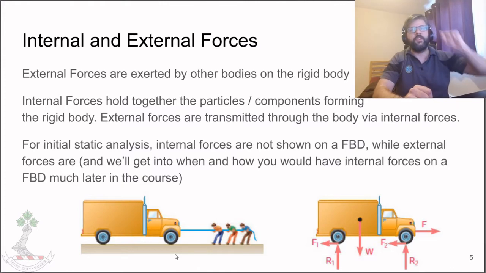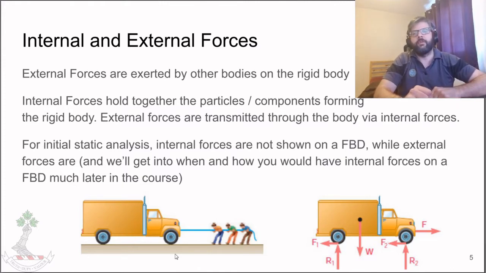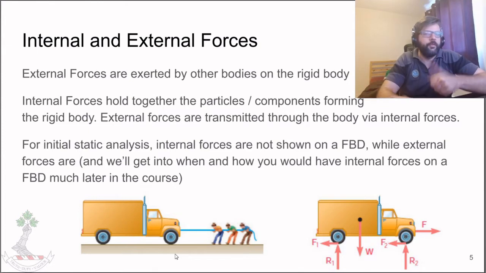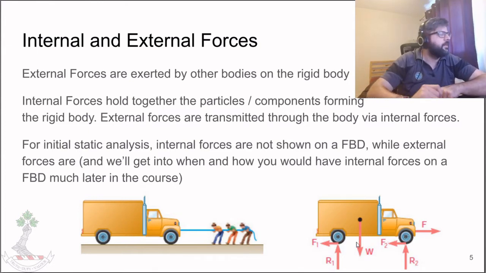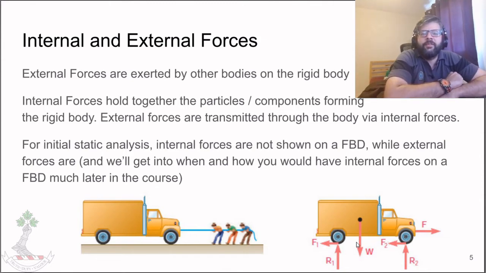It's pushing upwards in order to basically prevent that truck from falling through the road. And we've also got gravity going downwards here. So all those have an effect upon the body as a whole. All those forces would show up on the free body diagram of the truck.